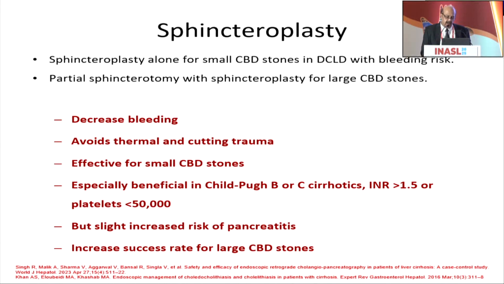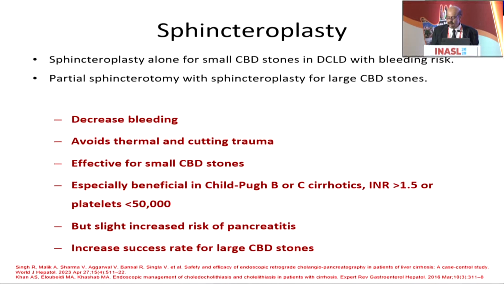Sphincteroplasty alone for small CBD stones in a decompensated CLD with a bleeding risk is the treatment of choice. A partial sphincterotomy followed by sphincteroplasty is for large CBD stones, and it has been shown that sphincteroplasty leads to decreased bleeding, avoiding thermal and cutting trauma.